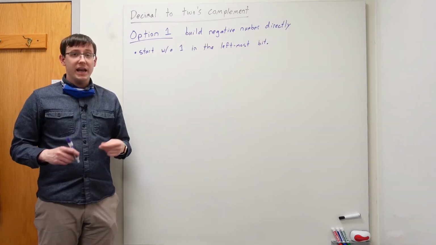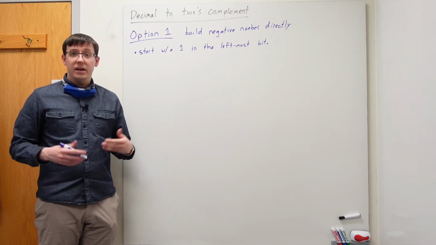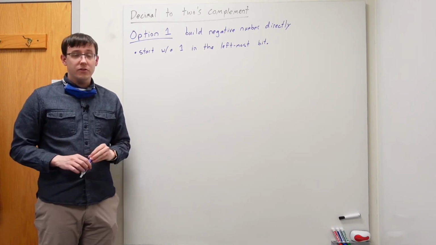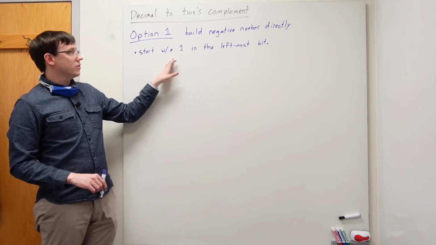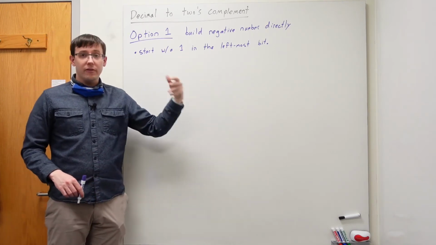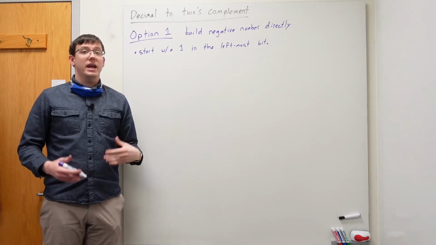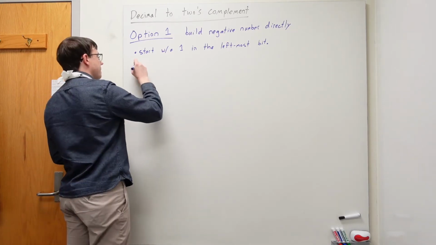Since we're representing a negative number, we need a negative power of 2, and since there's only one option for a negative power of 2, we go ahead and start by putting a 1 in the leftmost column to give us a negative starting value.